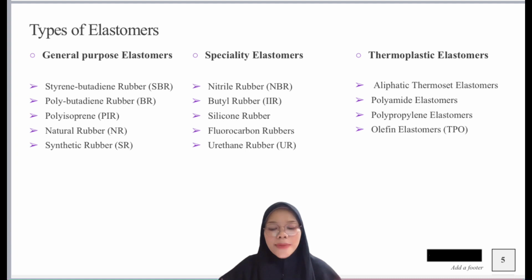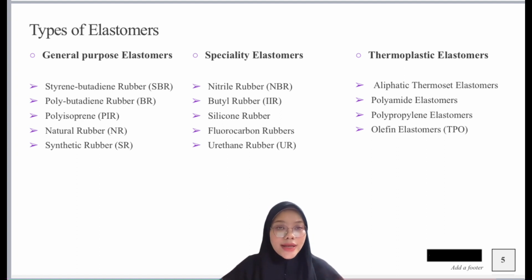So these are the types of elastomers. We have three types of elastomers. First, general purpose elastomers, specialty elastomers, and thermoplastic elastomers. As we can see, we have styrene butadiene rubber (SBR), polybutadiene rubber (BR), polyisoprene (NR), natural rubber (NR), synthetic rubber (SR).